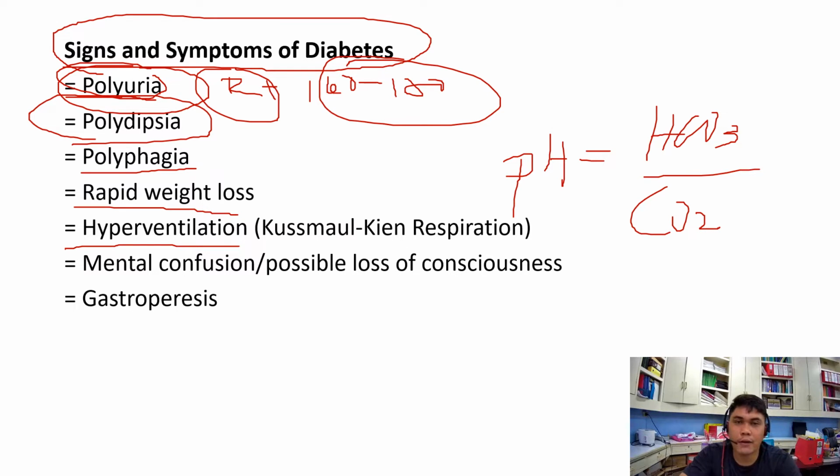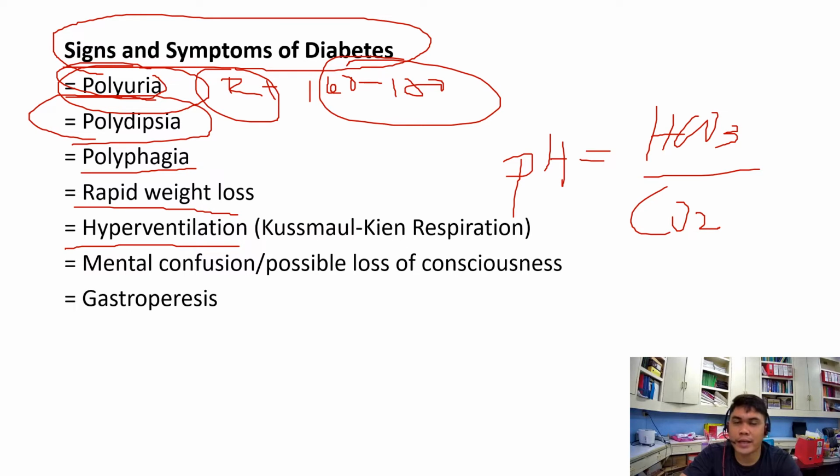Now in diabetes, particularly in type 1 DM, you have excessive fat metabolism due to the absence of insulin. So you'll use fat as a source of energy. And when there's excessive metabolism of fat, the patient will experience ketoacidosis.